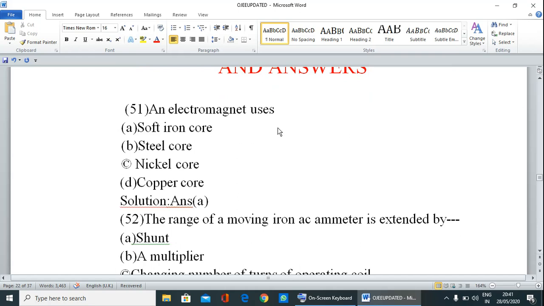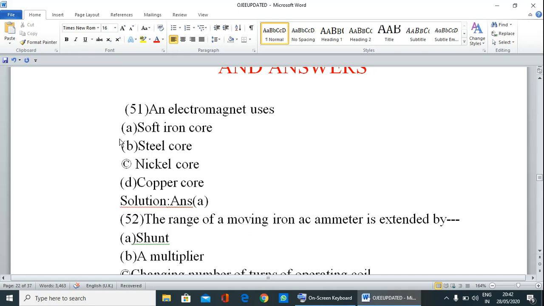An electromagnet uses: soft iron core, steel core, nickel core, copper core. Generally, an electromagnet is made by ferromagnetic material, that is soft iron. Soft iron also belongs to ferromagnetic material.